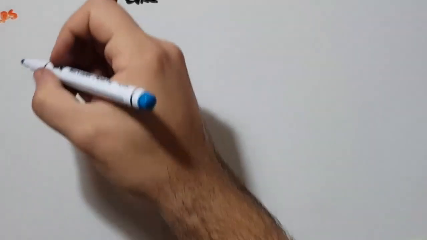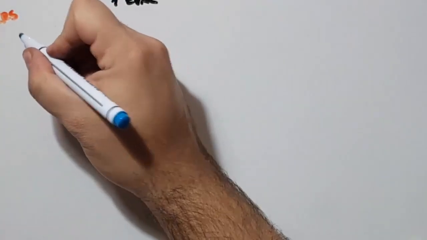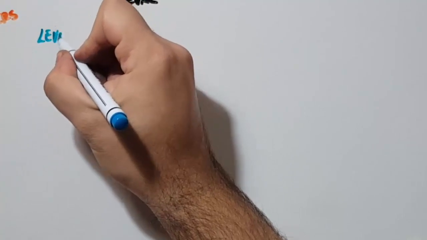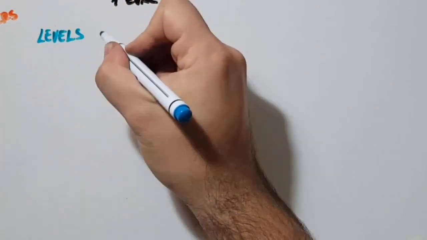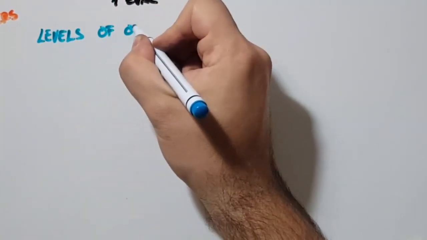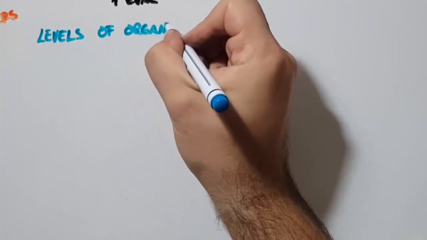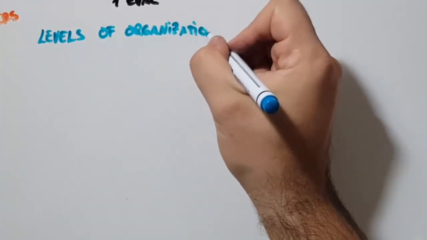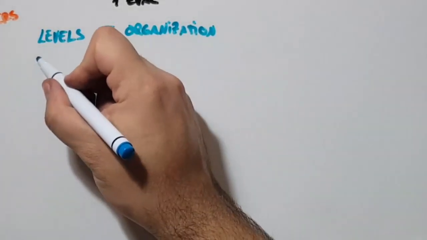Now, inside the nucleus we have DNA. We've studied the levels of organization. Then I need to do also a quick sum up.